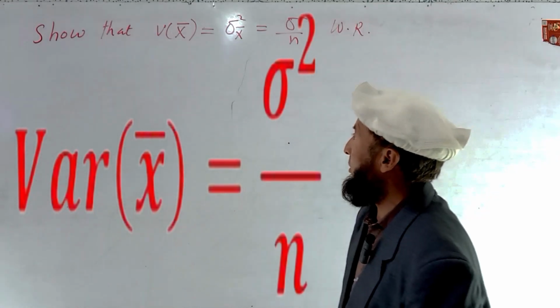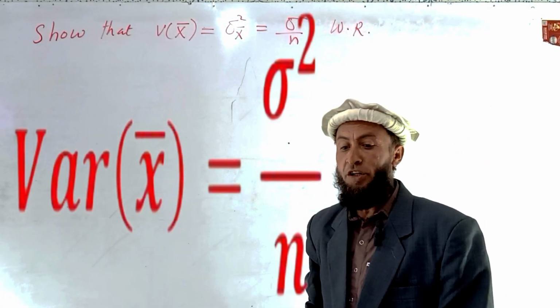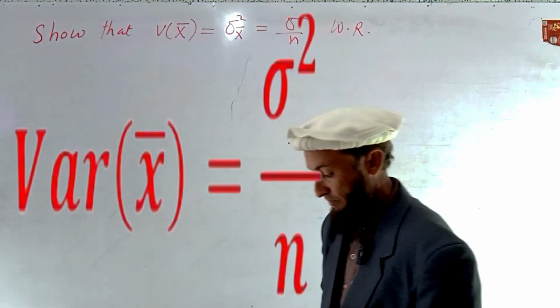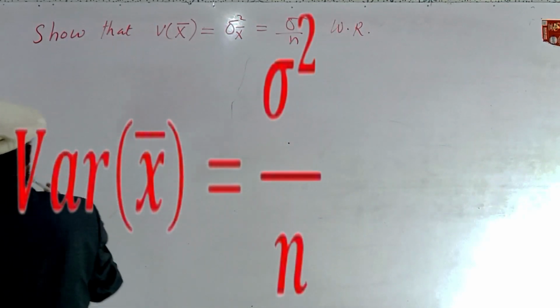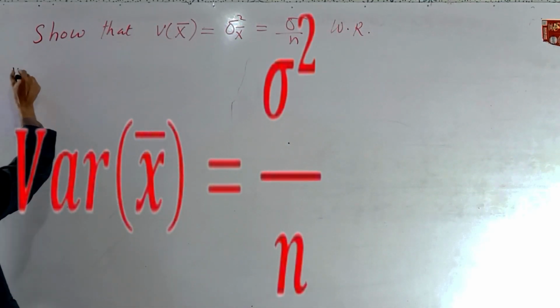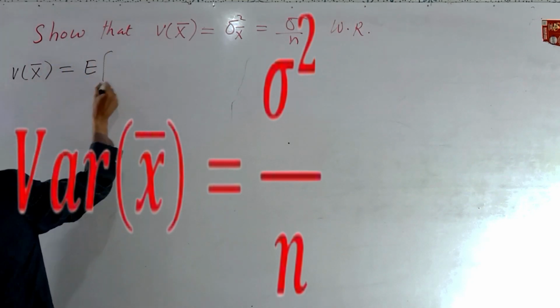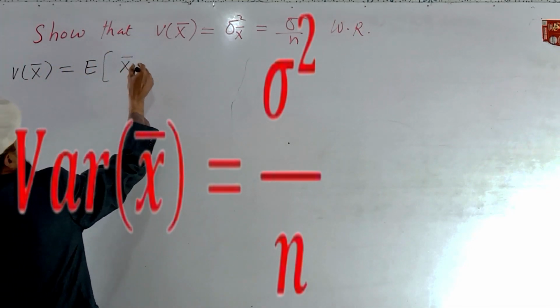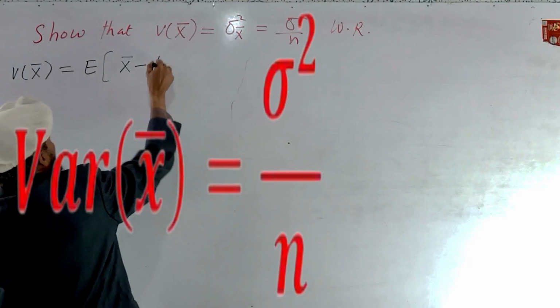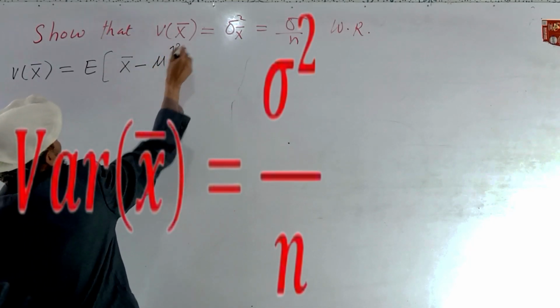Now we use the definition of variance. We can write the variance of x bar is equal to the expected value of x bar minus mu, whole square.